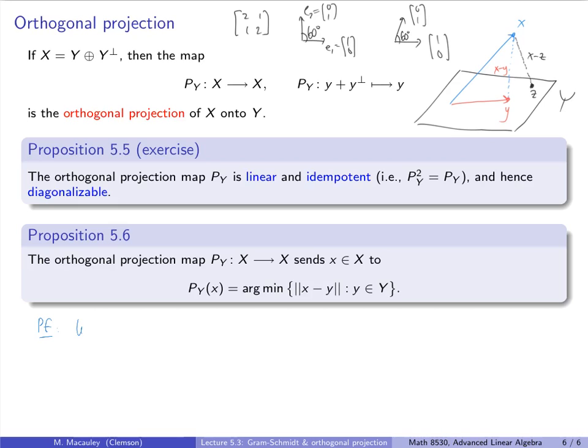So let's let x equal y plus y perp. So the projection, remember, is given by this definition. So P_Y of x equals little y. So I'm going to take this x minus z.